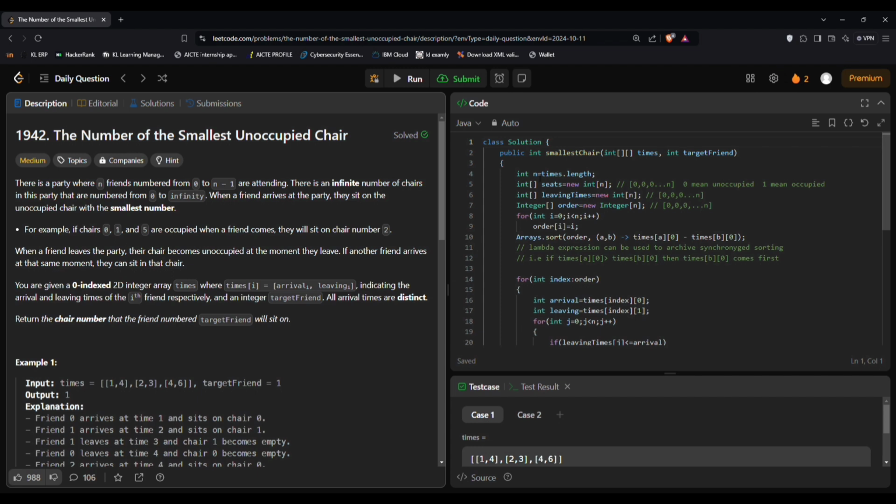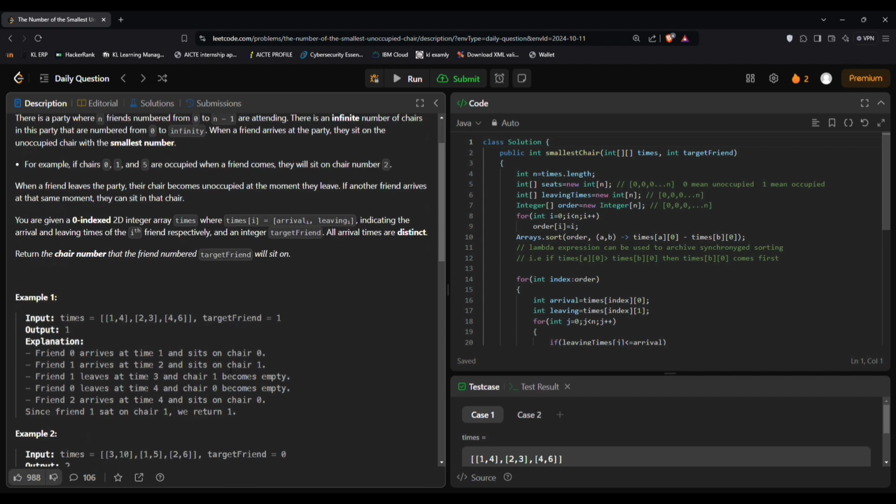N represents the number of friends in the times array. For this, n will be 3. Seats represents the total number of available chairs, or the chairs that have to be filled. Leaving time represents at what time the person will be leaving, and the order represents which friends have to sit first, and afterwards who has to sit next.